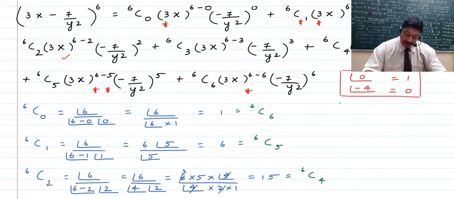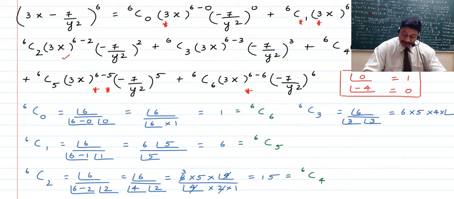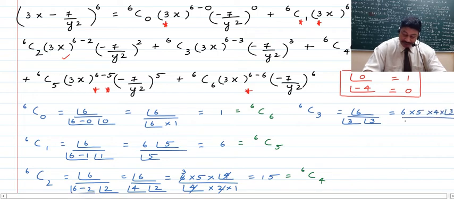If we talk about 6c3, it can be found out by writing factorial 6 divided by factorial 3 times factorial 3. Further, this can be written as 6 into 5 into 4 multiplied by factorial 3, and in the denominator we have factorial 3 into factorial 3.